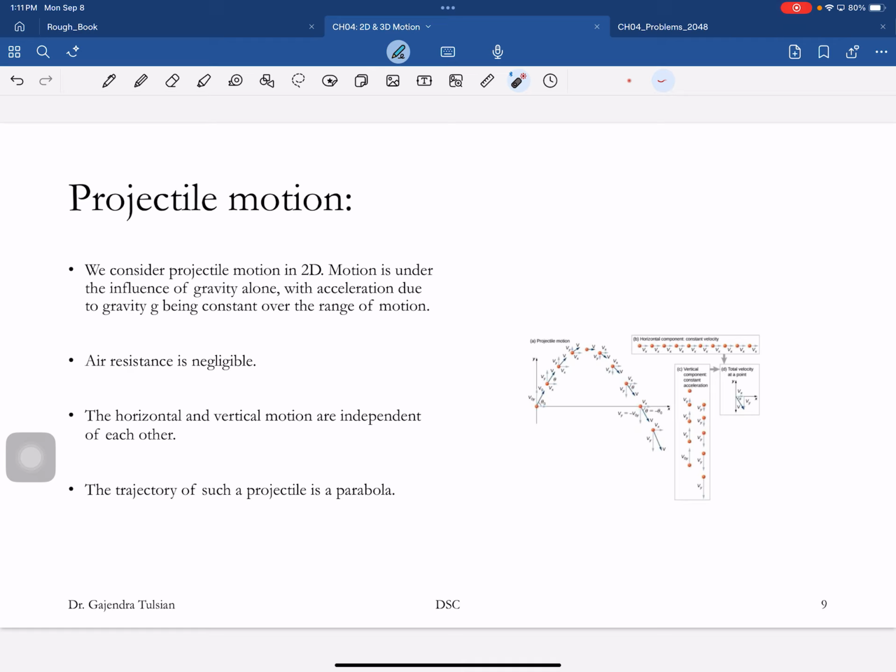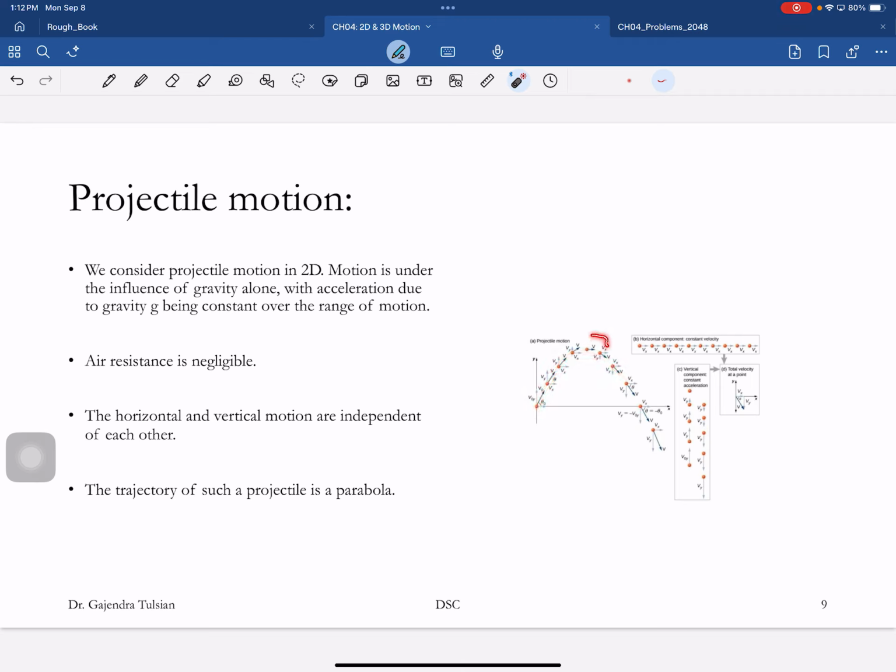In this one, only one force was involved, and that force was constant throughout the motion. Here, several forces are involved. Only one force was constant throughout the motion. The lift and drag were changing. So we don't want to deal with that. And so we'll look at projectile motion.